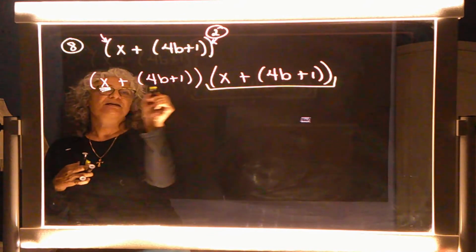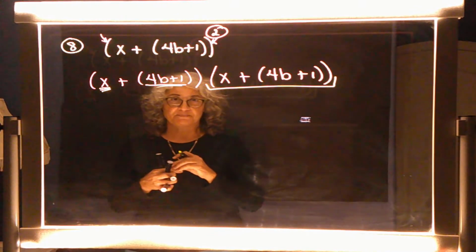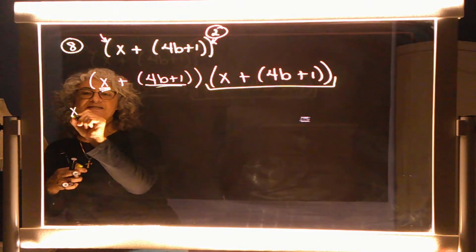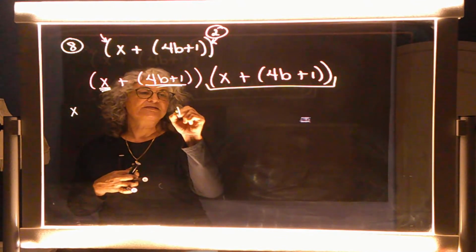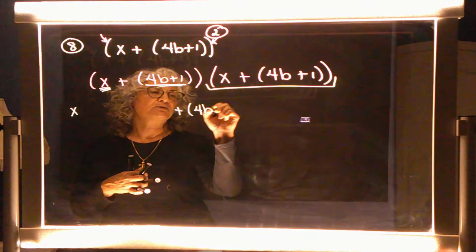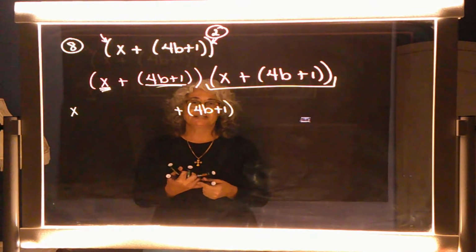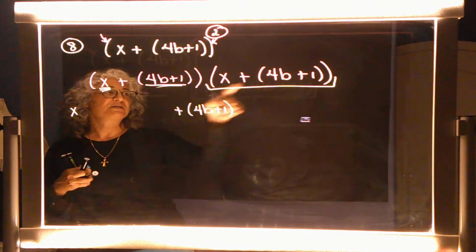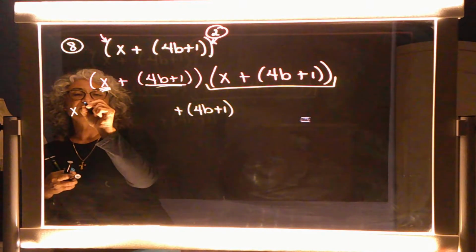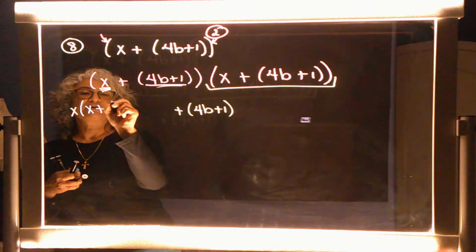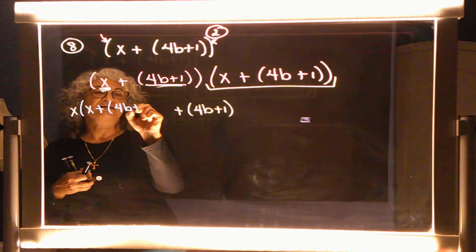I have an x, and I have this smaller parenthesis. So I'm going to have to take this x and this smaller parenthesis, by the way, there's a plus sign in front of it, and I'm going to have to distribute it to each one of these in that second parenthesis, the x plus, and then the smaller one inside.